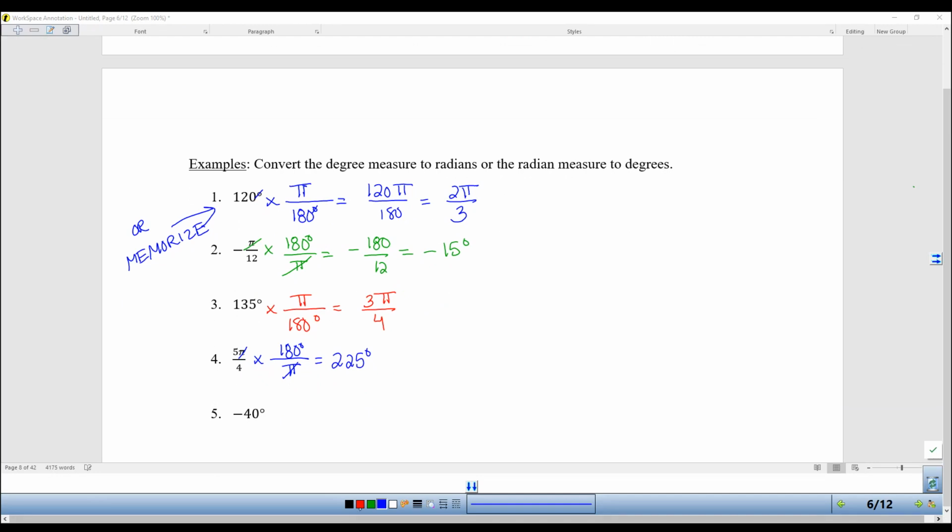And the last one, I have negative 40 degrees. So I want the degrees to cancel, so I put the degrees on the bottom of my conversion factor, and I put the pi on the top. I want to leave pi in my answer, and you're pretty much just reducing. So you're thinking 4 and 18 reduces to 2 and 9. Don't forget your negative. And that's how you convert.